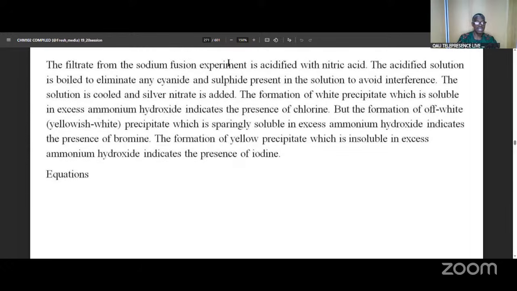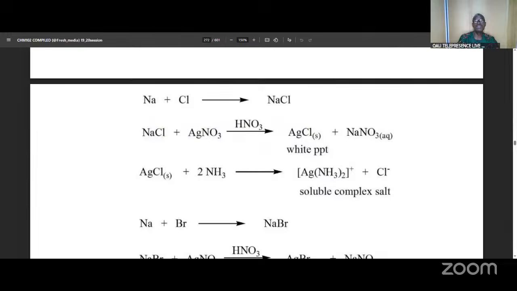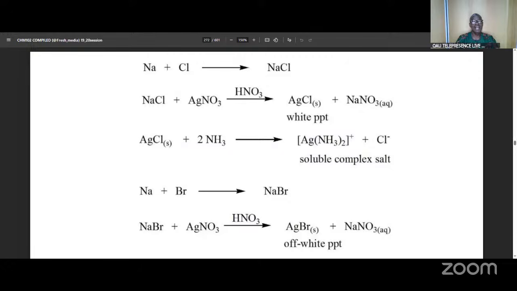Of course, the equation also is here. If it is chlorine, the sodium will combine with chlorine to form sodium chloride. And the sodium chloride solution, when you acidify it and add silver nitrate, you obtain a white precipitate. And if you want to confirm that it is actually chloride, add excess ammonia to that precipitate.